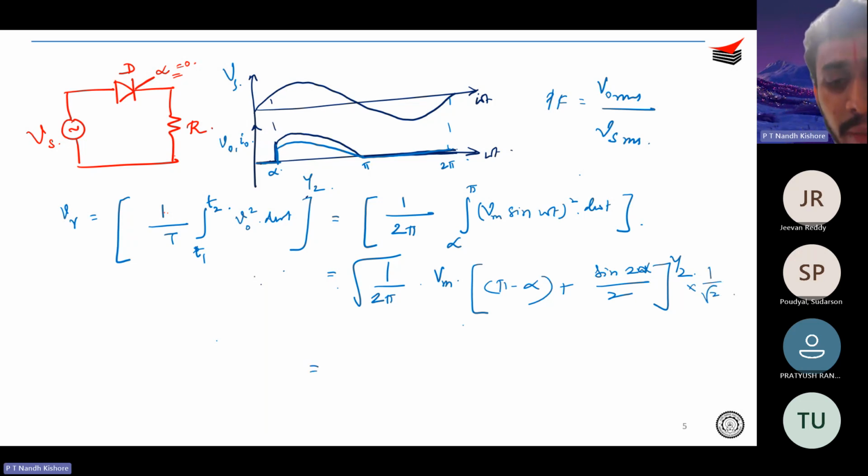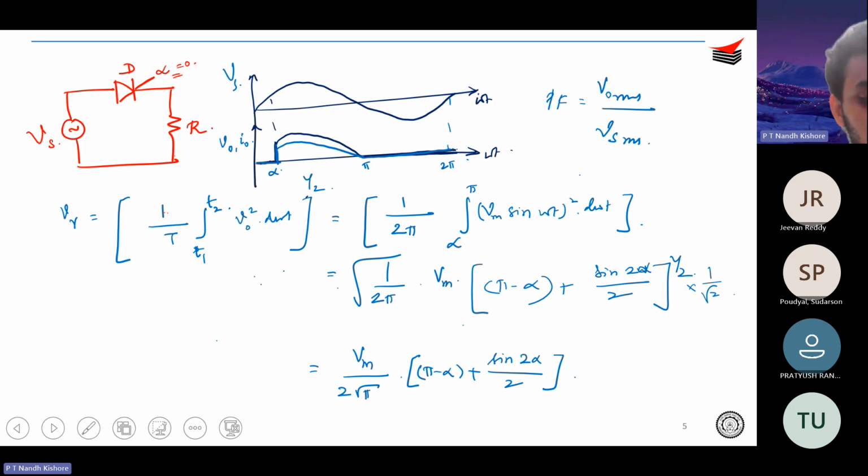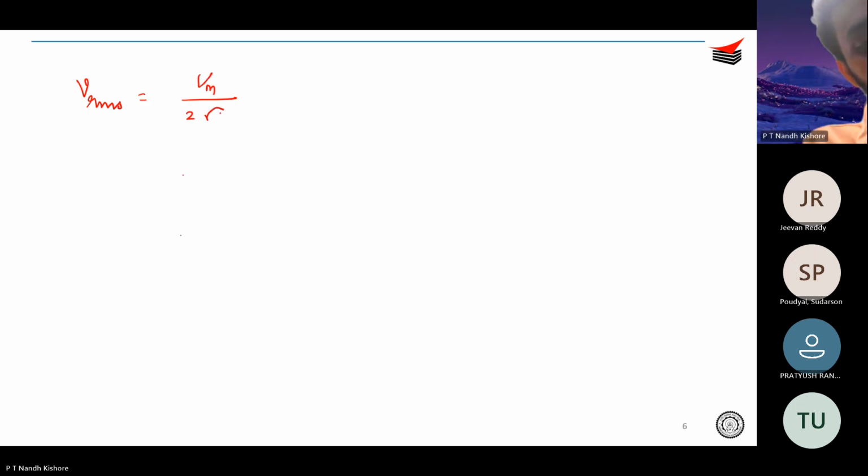So you will end up with Vm by 2 root pi into root over pi minus alpha plus sine 2 alpha by 2. I think you are all aware of these formulas, but the first one alone I thought I will just do. The rest I will not be doing anyway. So V RMS was Vm by 2 root pi into root over pi minus alpha plus sine 2 alpha by 2.